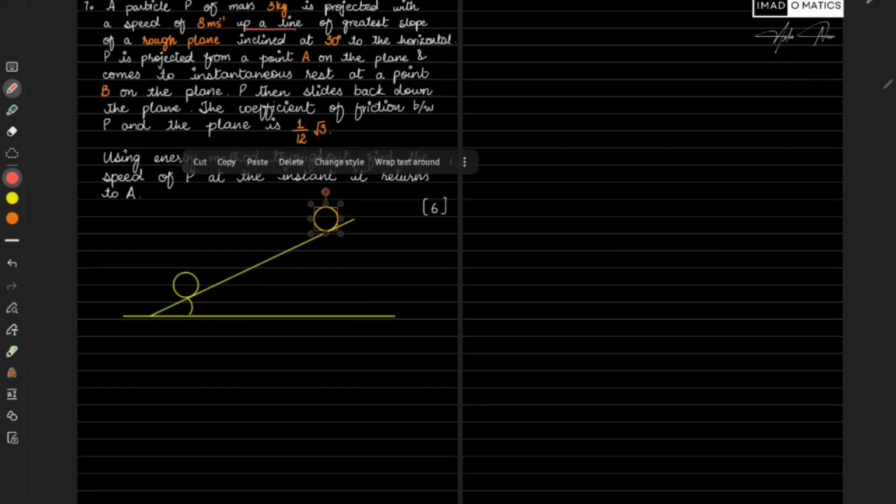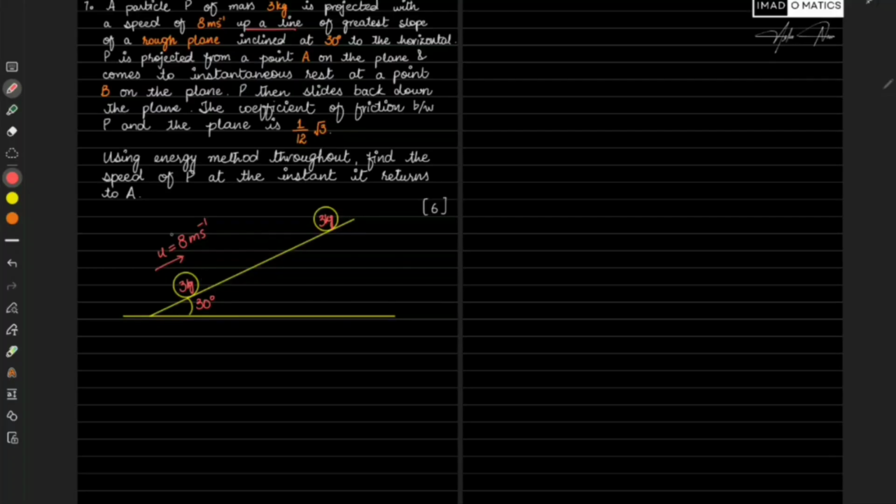So let's write down everything. 3 kg is its mass, and it is projected with initial speed 8 meters per second. And this is a rough plane, so obviously there must be some frictional force. Angle is 30 degrees.